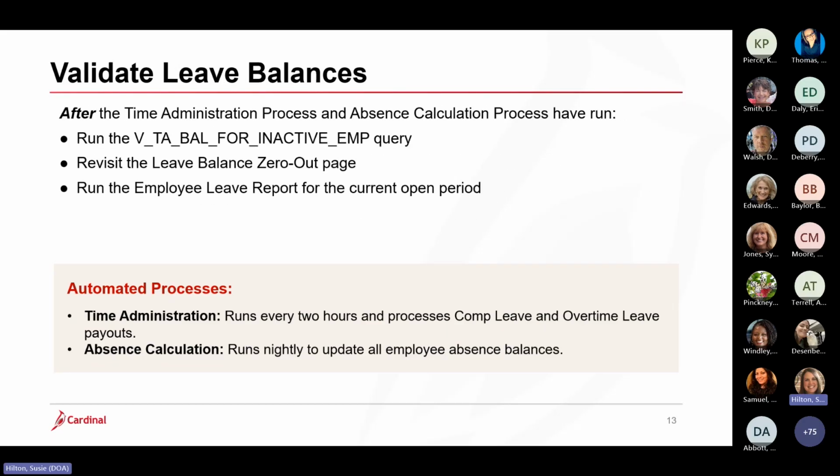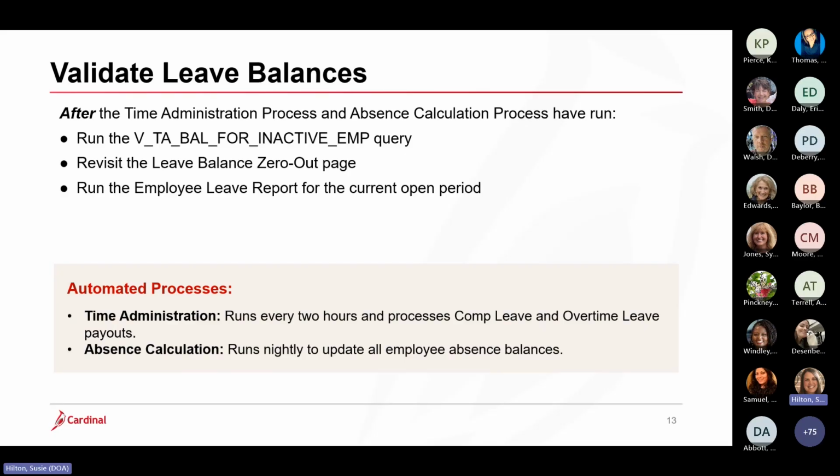So just a quick review of some of the ways that you can validate that leave balances have zeroed out and updated as expected. You can run the balances for inactive employee query. You can revisit the leave balance zero out page. You can run the employee leave report for the current open period.